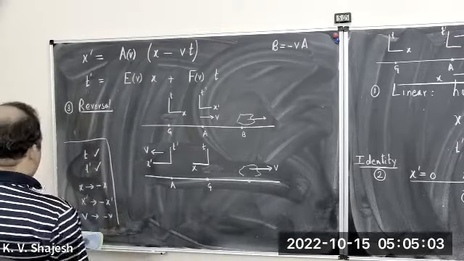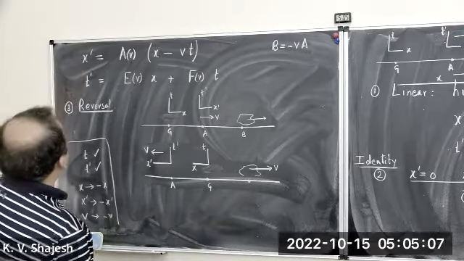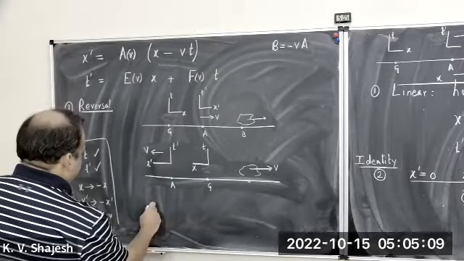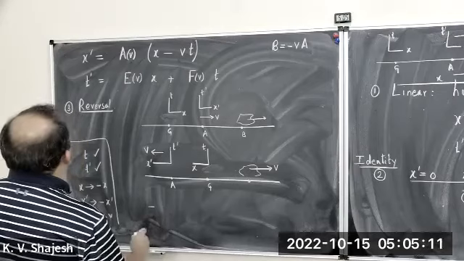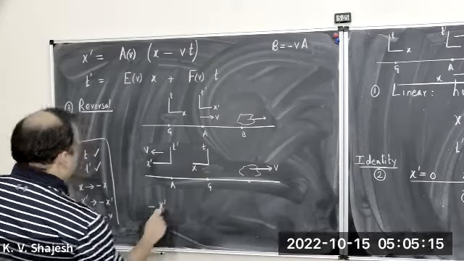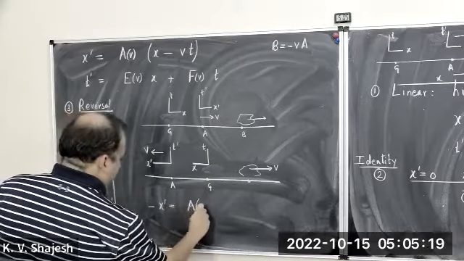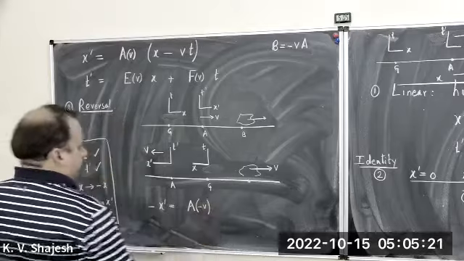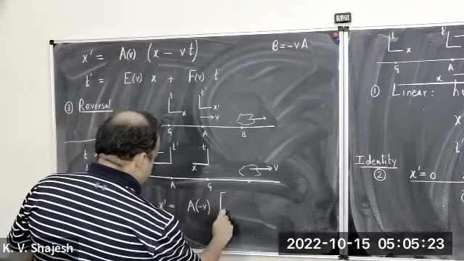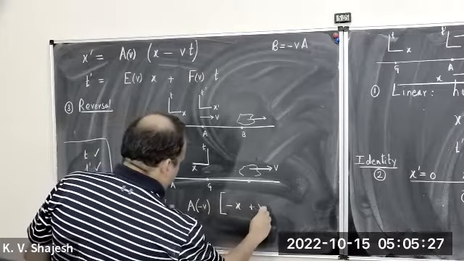So basically change all the x prime to minus x prime, right? So this is minus x prime is equal to A of minus v, okay, and this is minus x prime, this is equal to plus v of t.